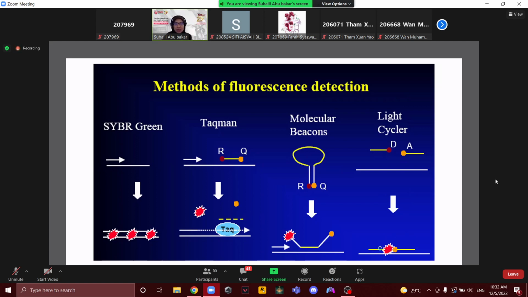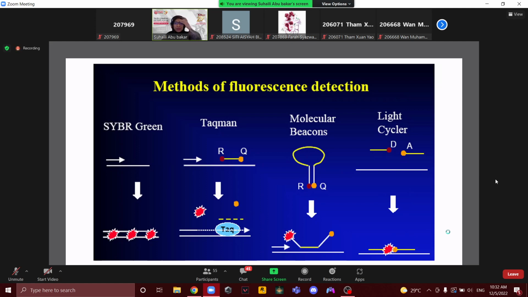So they excite the fluorescence. Okay, this one binds to the DNA double strand. This one, okay, hydrolysis as well, molecular beacon, and together with the scorpion.